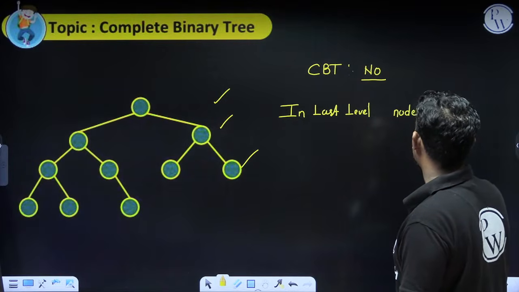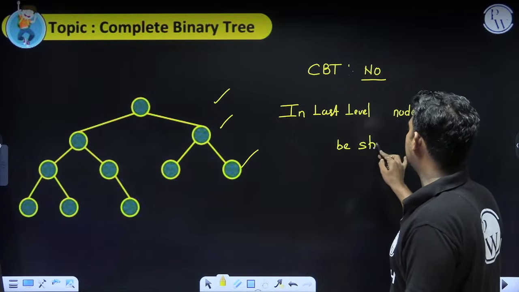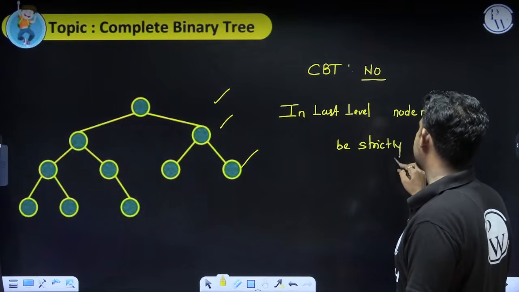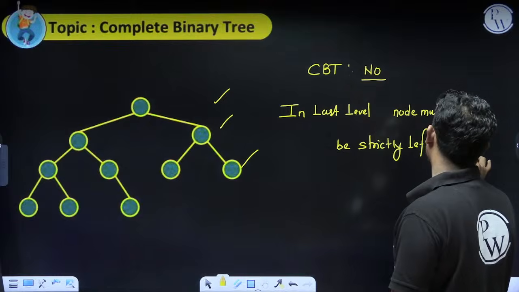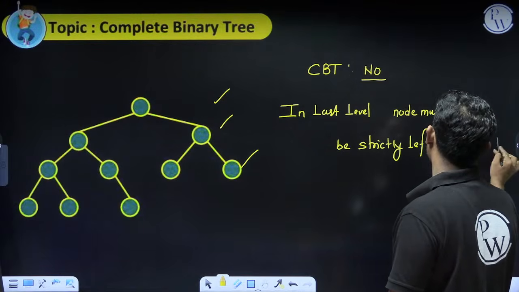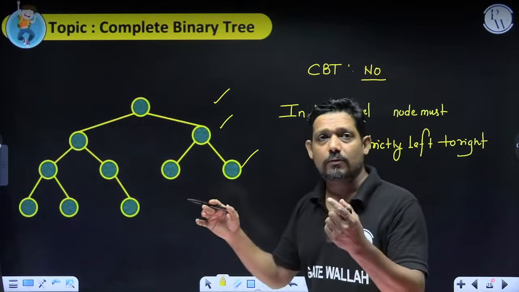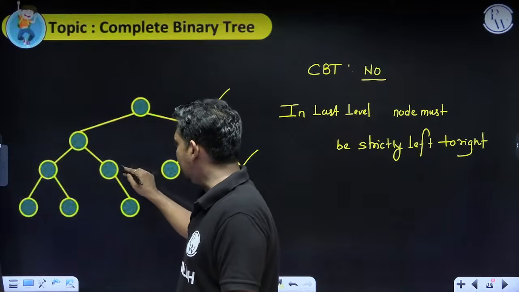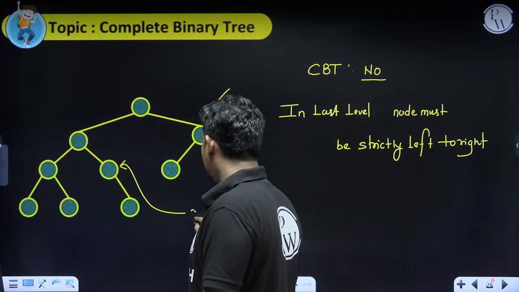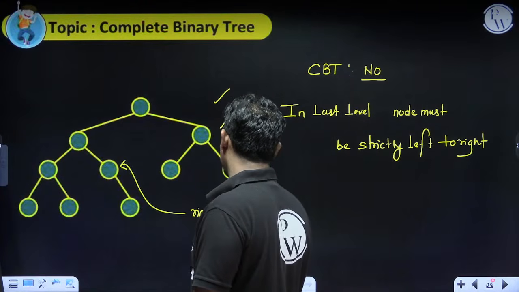Nodes must be strictly left to right. Now here, what is the problem? This node has a right child but no left child.